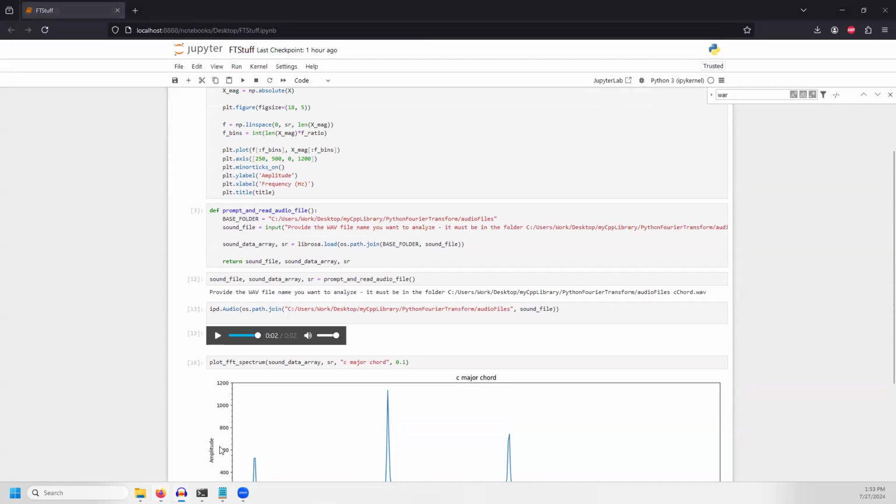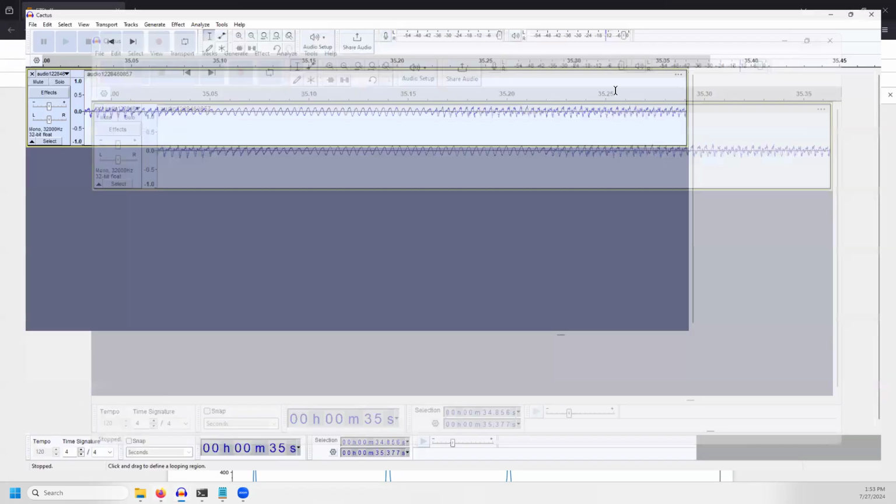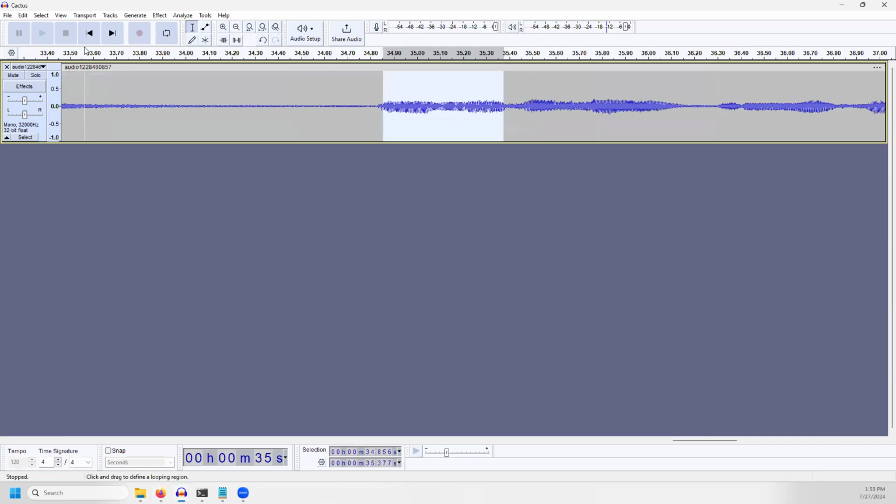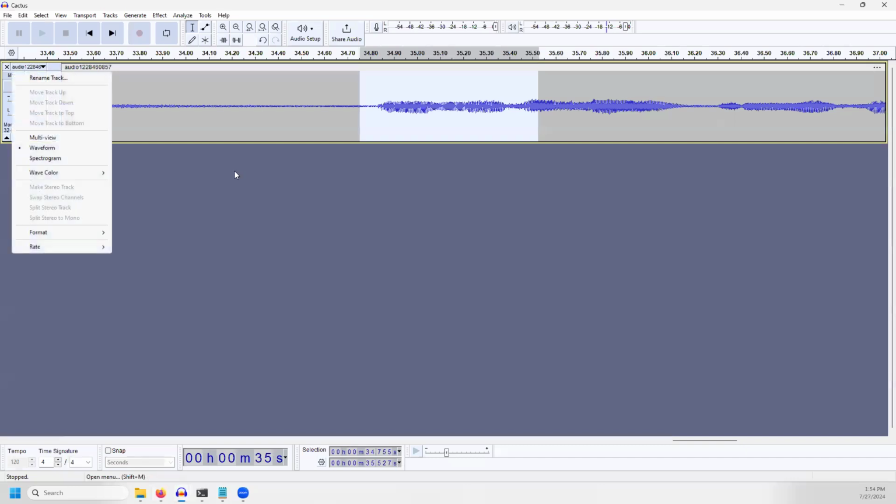Okay, this works with more complicated music as well. It works to some extent, a lesser extent, of course. It's interesting, the option to play has vanished here. Anyways, this is a real music file.